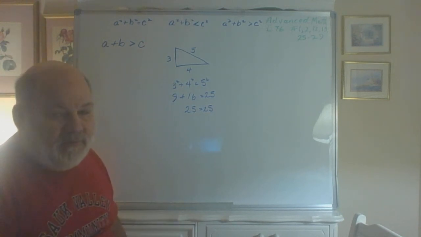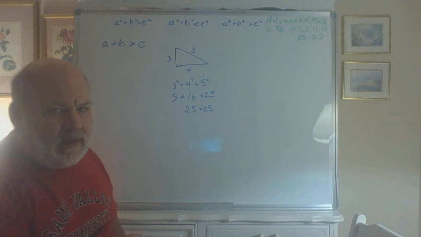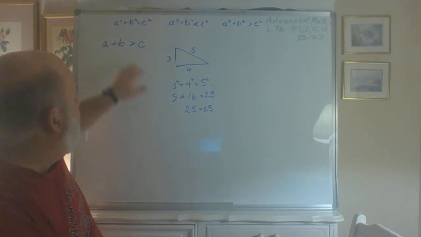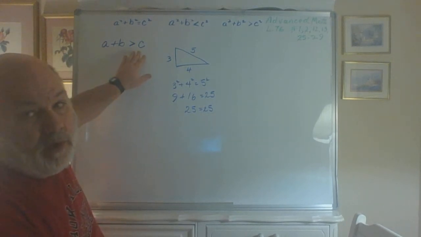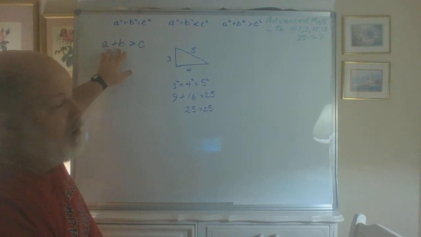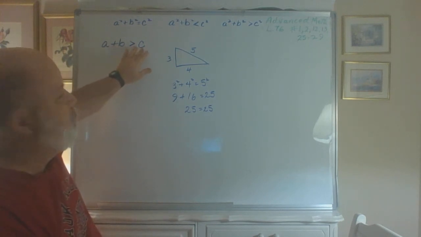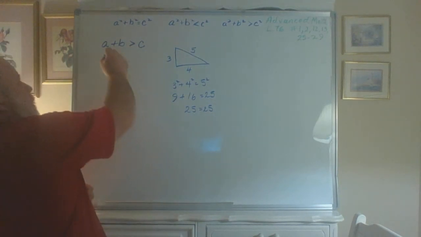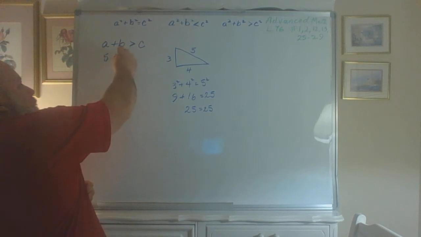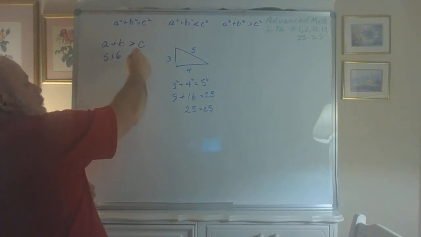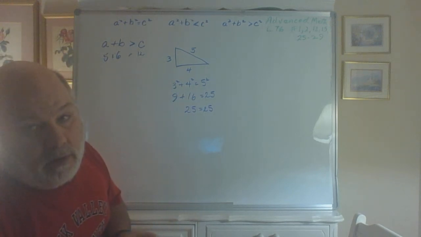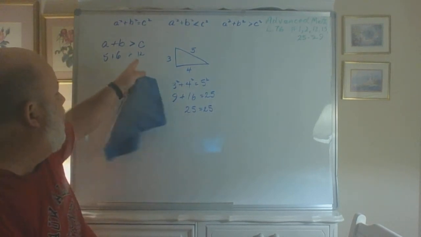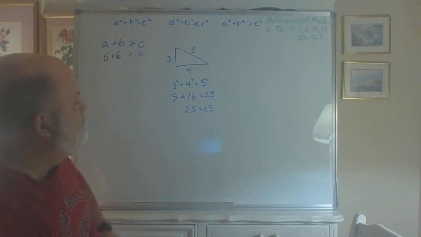Going way back to geometry, in every triangle the sum of any two sides must be greater than the third side. You could have a 5 and a 6, but you could not have a third side of 12, or even 11, because 5 plus 6 is 11.